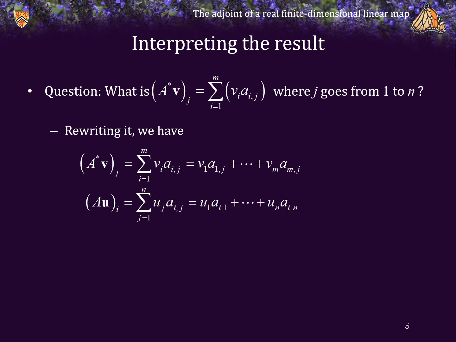Let's go back to matrix vector multiplication. Here we are taking a linear combination of all of the entries in a single row. So consequently, A star times v is a linear combination of the rows of A, as opposed to a linear combination of the columns of A.